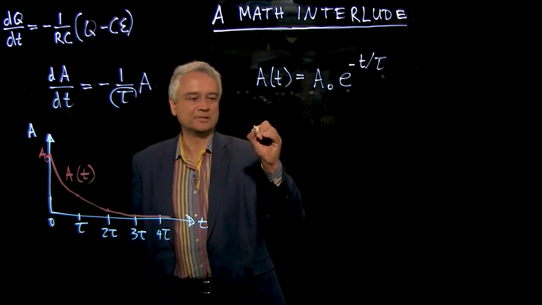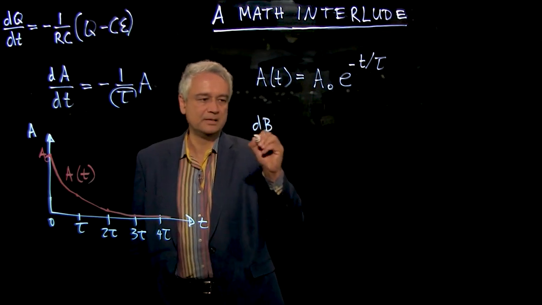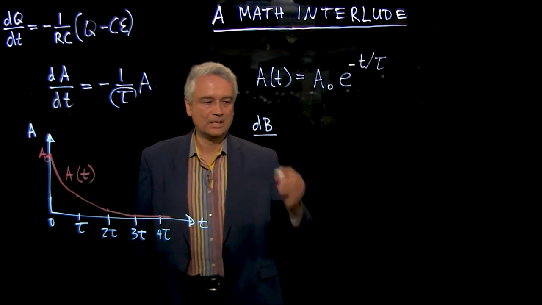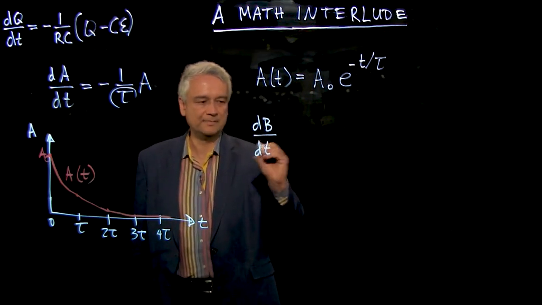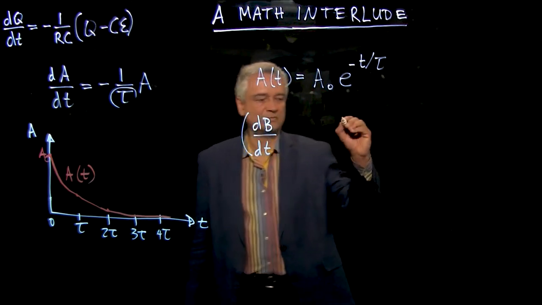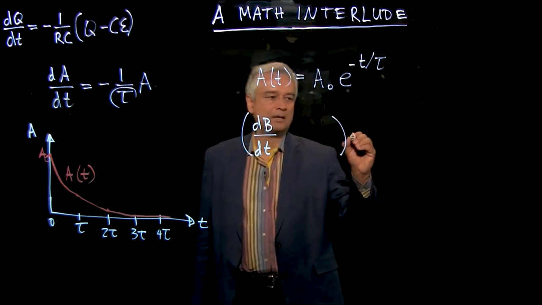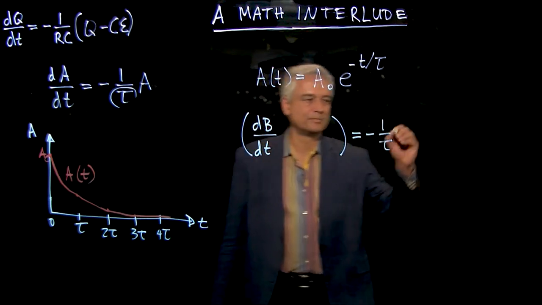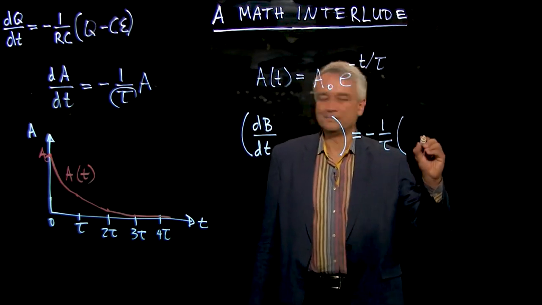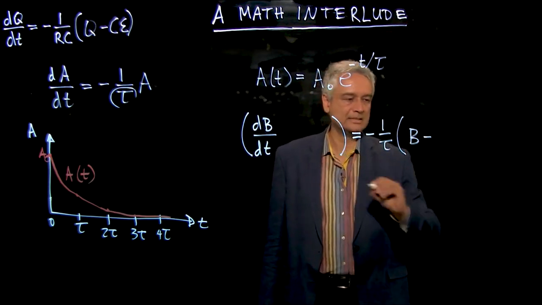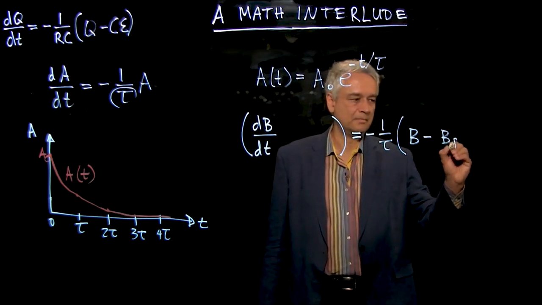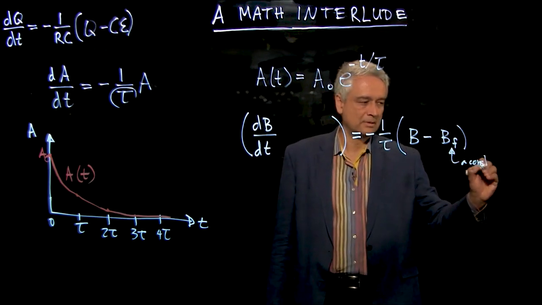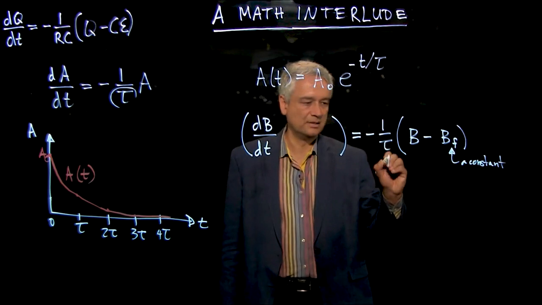And here's my differential equation. db d time is equal to minus 1 over tau times b minus b final. And this is a constant. This is the time constant.